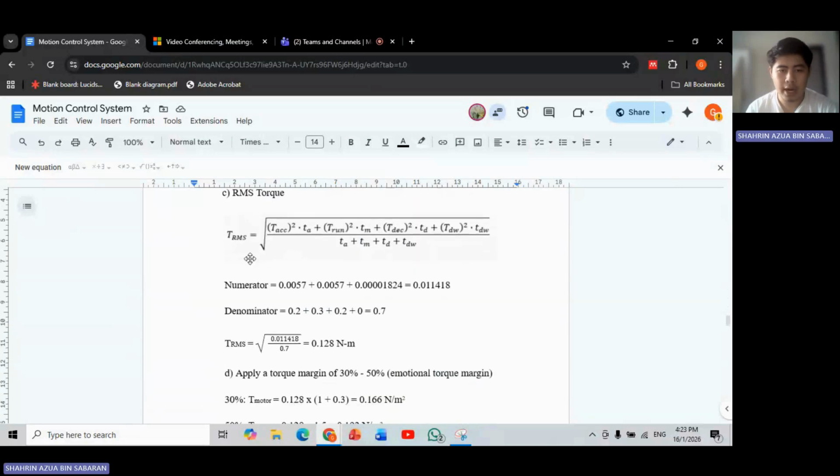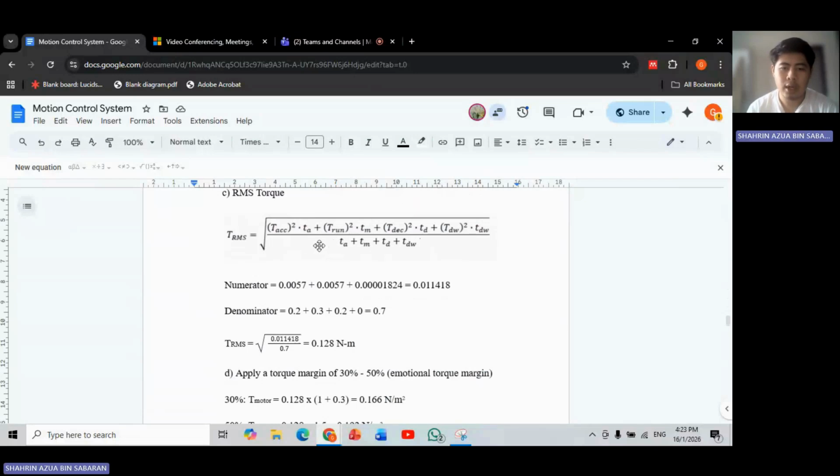For RMS torque, the formula is T acceleration times time duration, plus T running times time duration, plus T deceleration times time duration, plus T dwell times time duration, but the dwell time is usually 0.